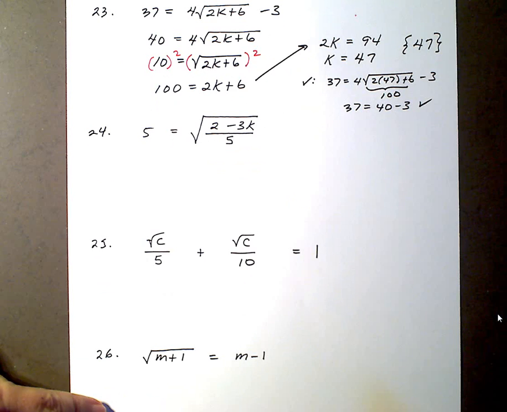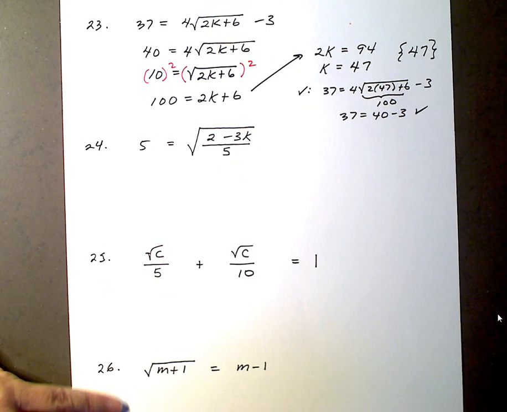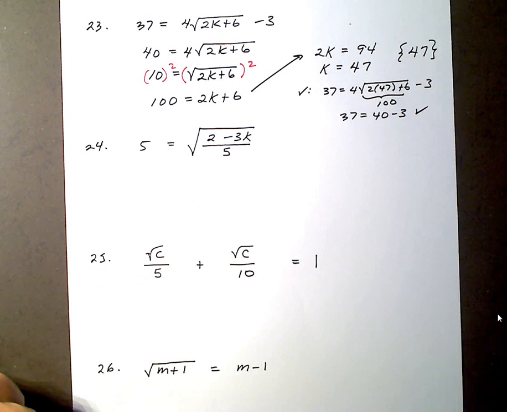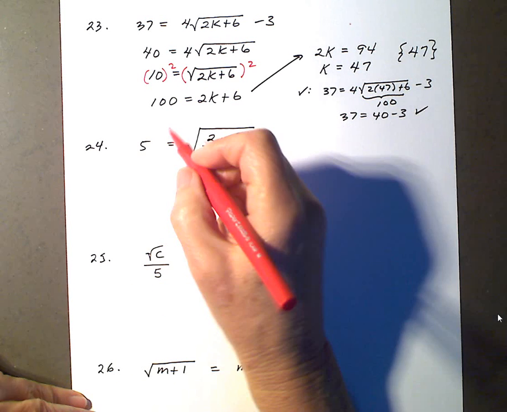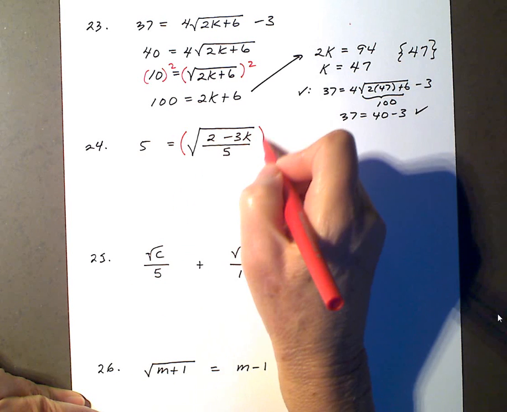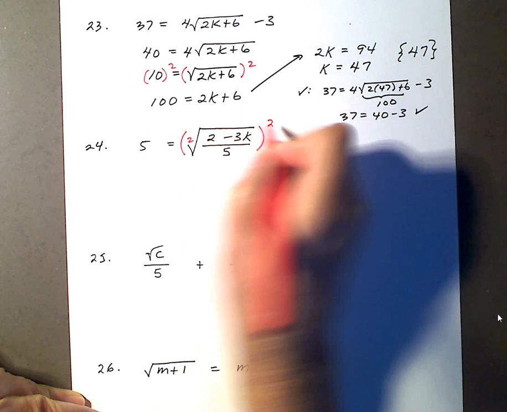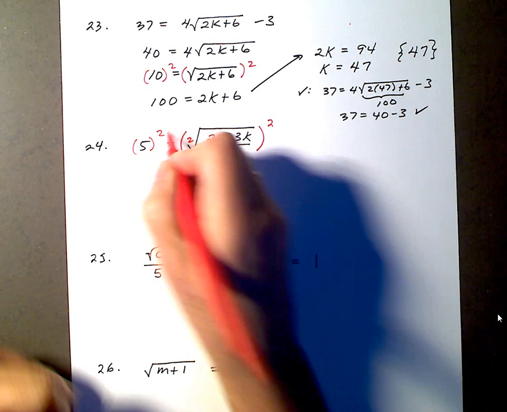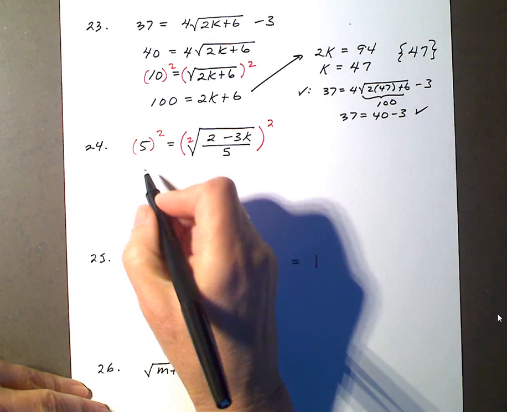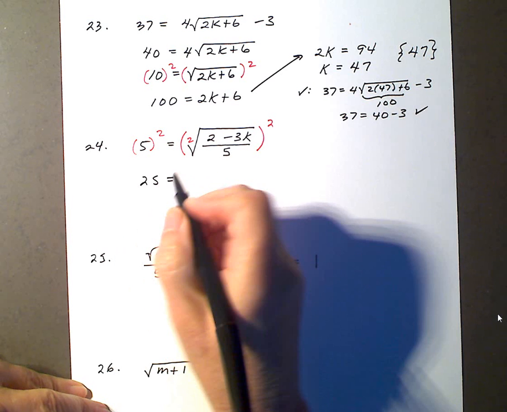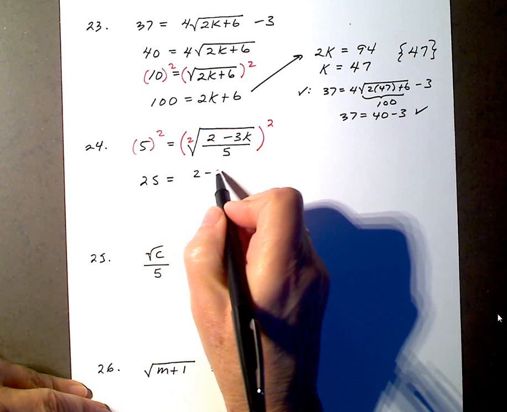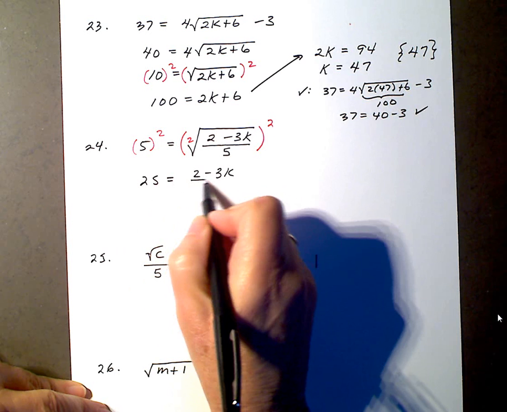Okay, number 24. We already have the radical isolated here, so I'm going to, right, it's an invisible 2 as the index, square both sides. So we're going to get 25 is equal to 2 minus 3k all over 5.